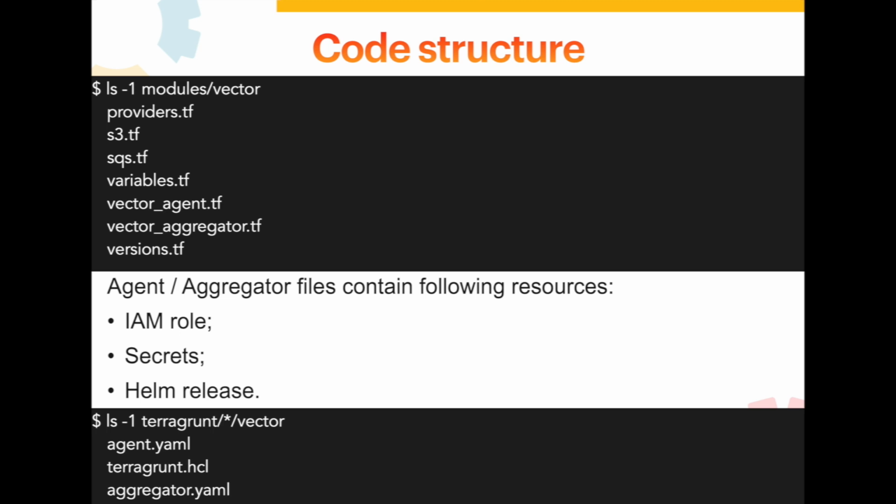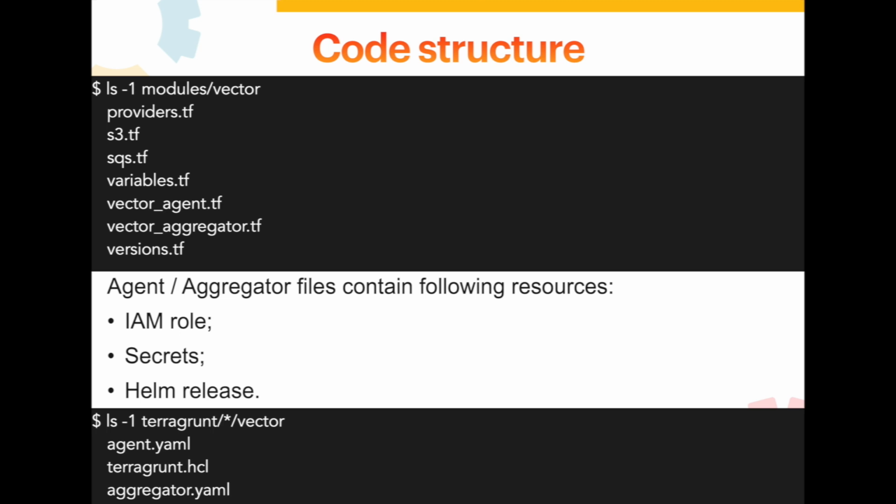We can set up both roles through one Helm chart by specifying different roles. And here we have some basic pre-configured templates that define for each separate role what purpose it runs for. And the Vector aggregator contains IAM roles, secrets pulled from AWS Secrets Manager, and the Helm release resource in Terraform.